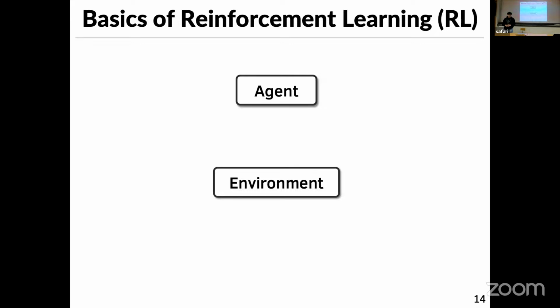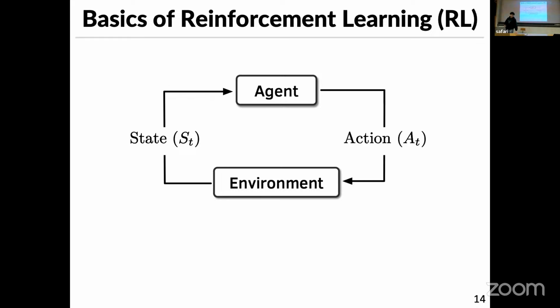The agent receives a state continuously from the environment, and then it uses that state in order to decide. So it has an inference process inside of it, and then it decides what action it's going to take among a range of possible actions. And then the action is performed on the environment, and based on certain metrics, a reward is calculated, and the agent is trying to maximize that reward.